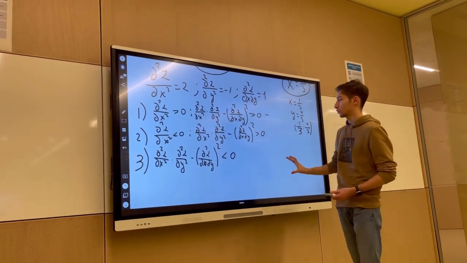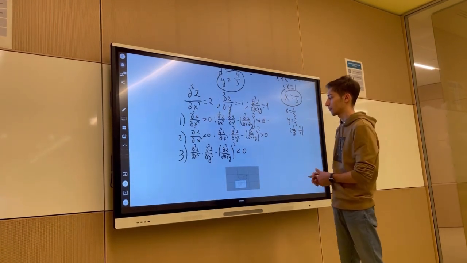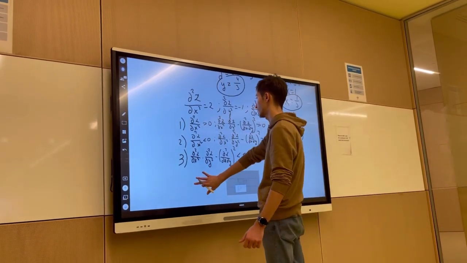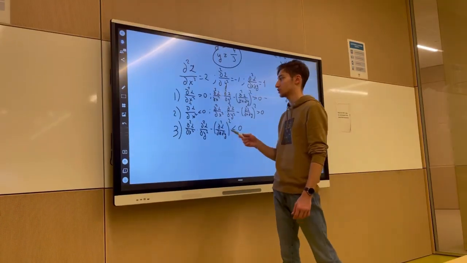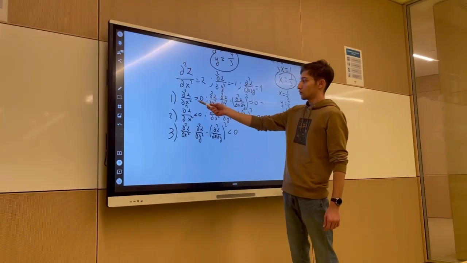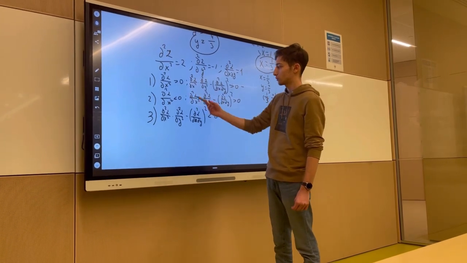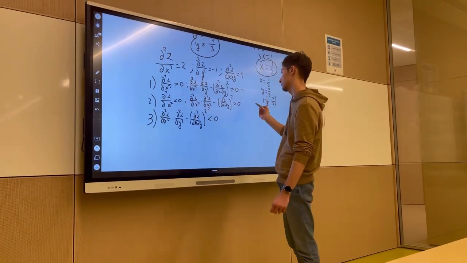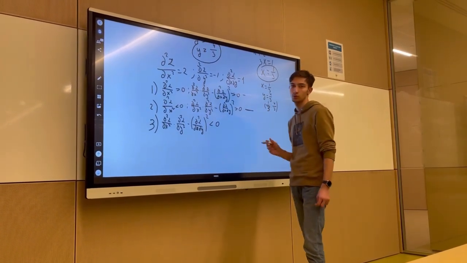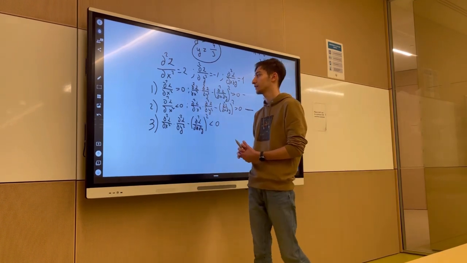Now we will check all of them. Let's check the first one here. You can see that it's greater than 0. Yes, 2 is greater than 0, but here it's less than 0. We can say that it's not true from the beginning.